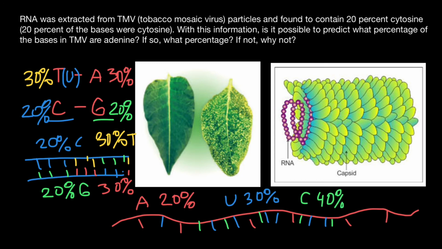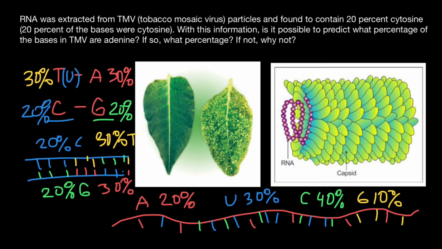And again, this doesn't mean that guanine also should make 40%. So let's count: 20 plus 30 is 50, plus 40 is 90%. That means guanine would make 10%.